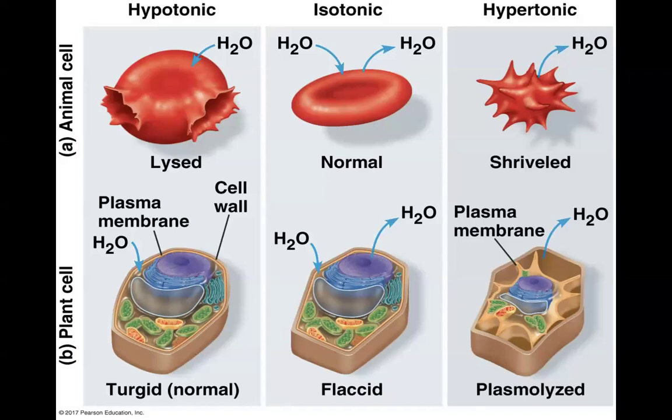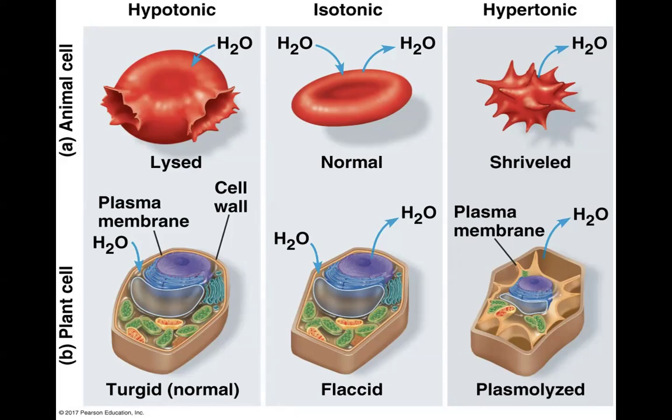So let's say that we have 60% solute inside of the cell. That means that our solution would also have 60% solute. Let's also consider the opposite. If I have 60% solute in my cell, that means I have 40% water. Outside of my cell, if I also have 60% solute, that would also mean I have 40% water.